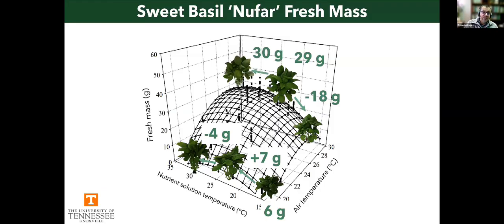And if we continue to increase that nutrient solution temperature at a high air temperature, we see very negligible increases in fresh mass. So again, Kelly and Spencer are going to be looking at more culinary herbs. And here at Michigan State, we're going to increase yet another factor, which will be carbon dioxide concentration.